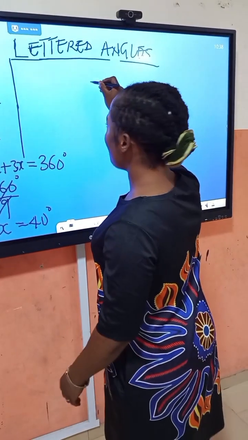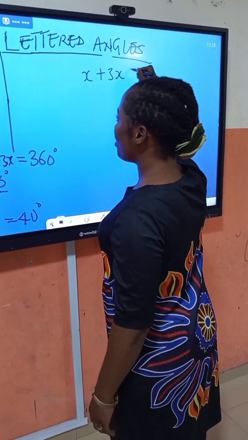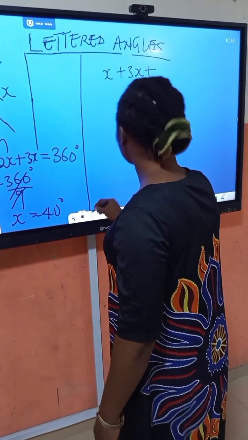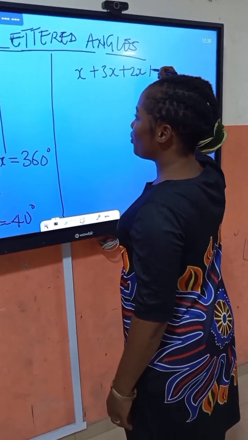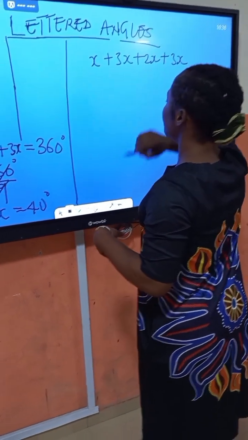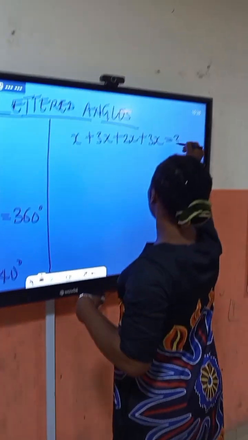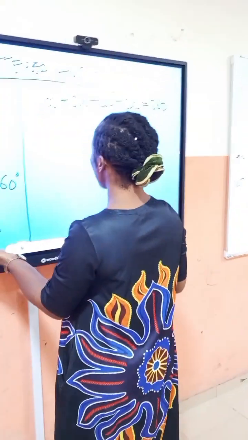So we have x plus 3x plus 2x plus 3x is equal to 360 degrees. Let's substitute the value of x, which is 40 degrees.